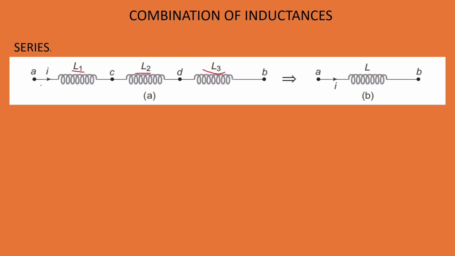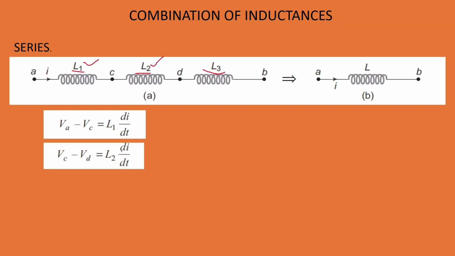The voltage drop through inductor L1 is VAC, and we write VA minus VC equals L1 di dt, where di dt is the change in current through this inductor. Now the voltage drop VCD is equal to L2 into di dt, and again we get the voltage drop VDB, VD minus VB equals L3 di dt.